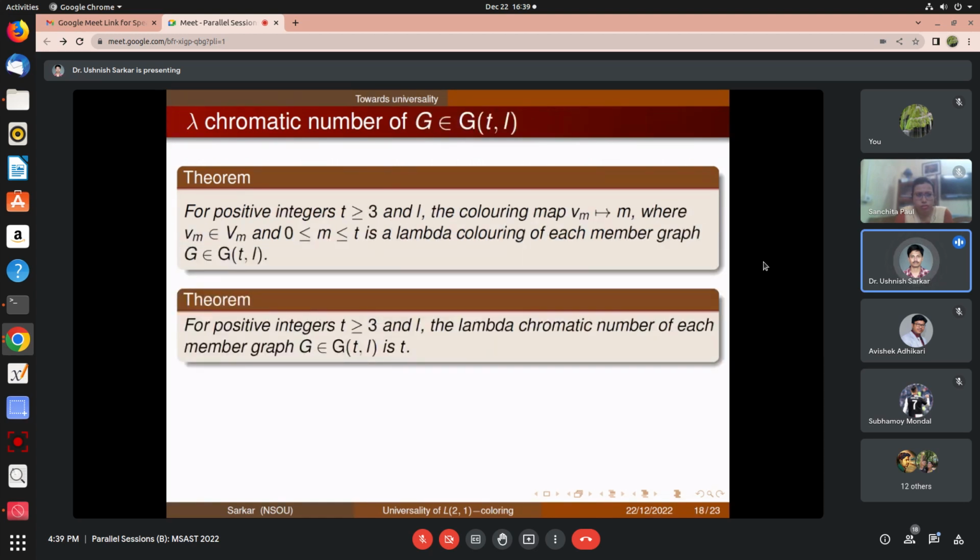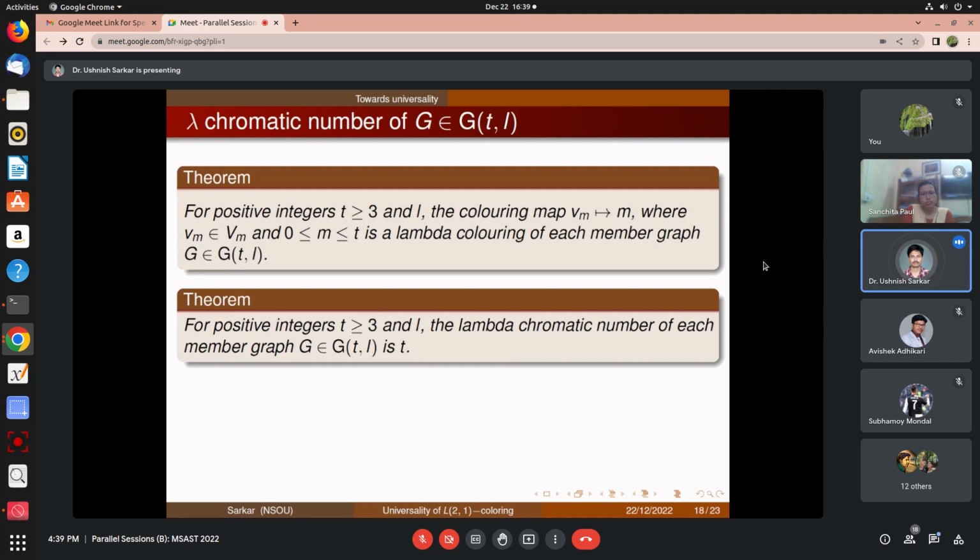Now, regarding our second construction, the family G(T,L). The first theorem here is for positive integers T greater than 3 and any positive integer L. I am again assigning color m to v_m, where v_m belongs to V_m, the m-th partition, with 0 ≤ m ≤ t.